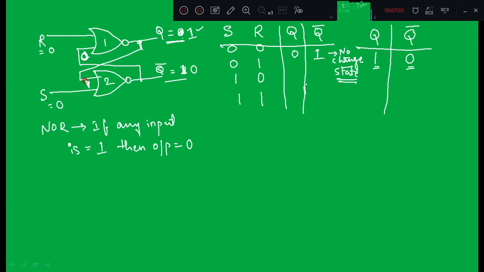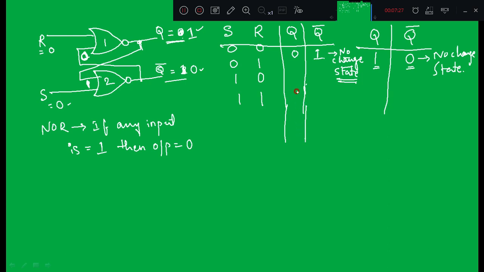One of the inputs is 1, so the output of the second NOR gate is equal to 0. So when I keep R equal to 0 and S equal to 0, whatever the previous state, either 0 1 or 1 0, it is going to remain the same. Hence this state is called the no change state.